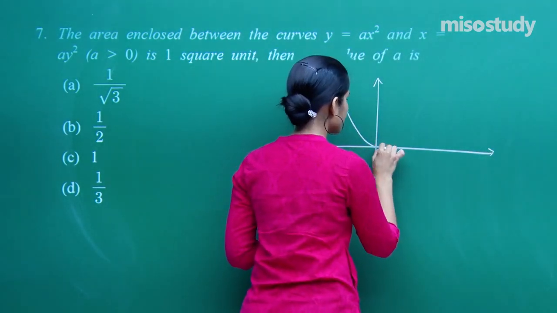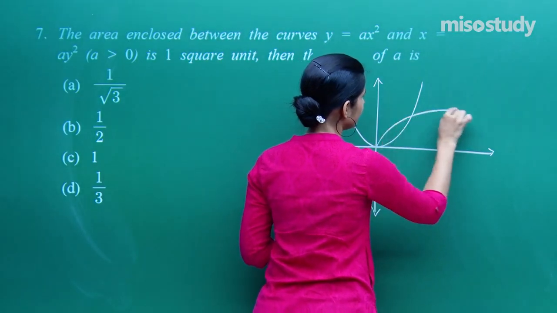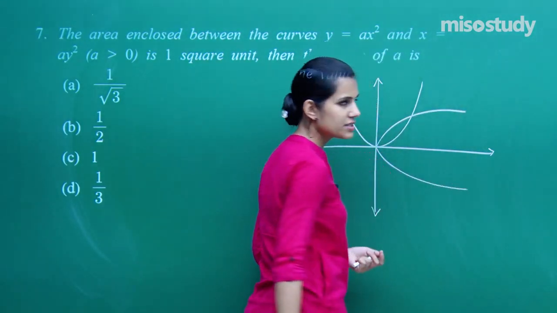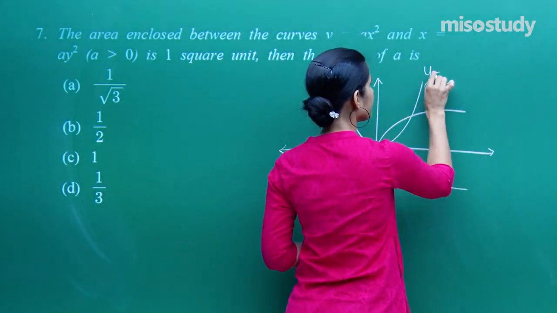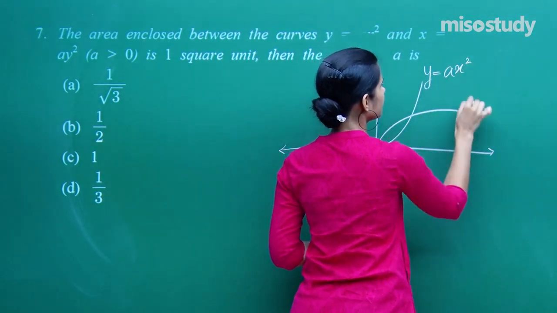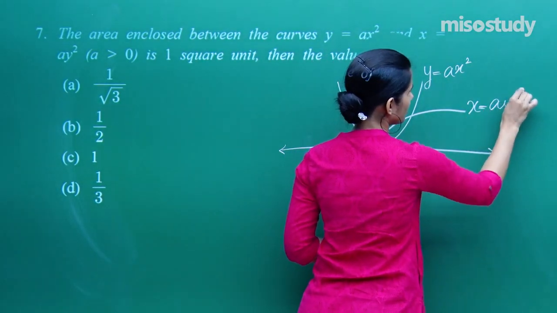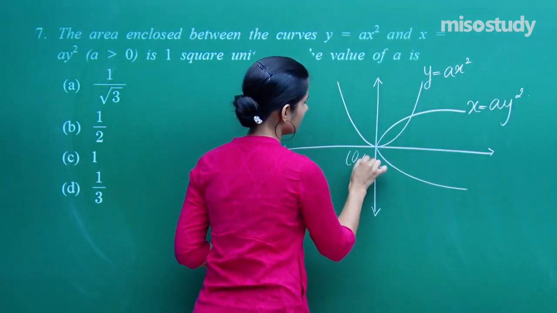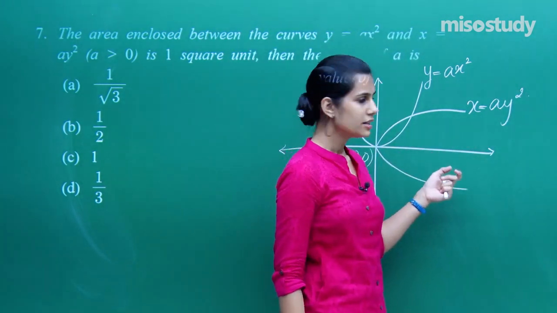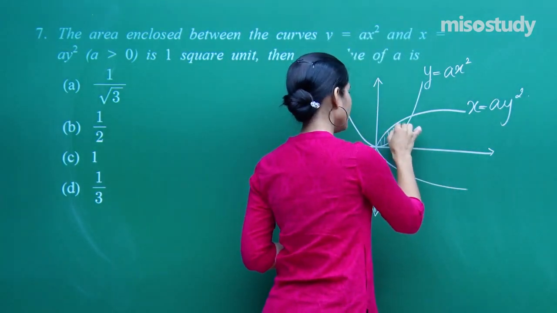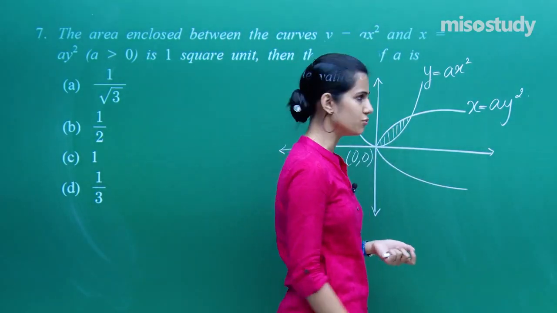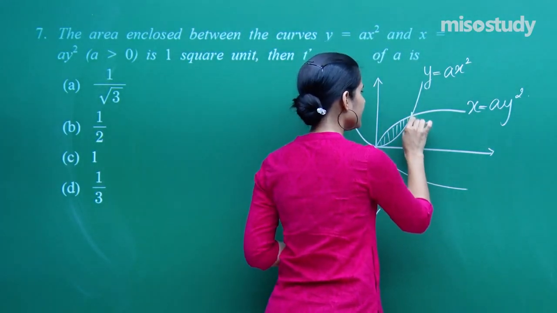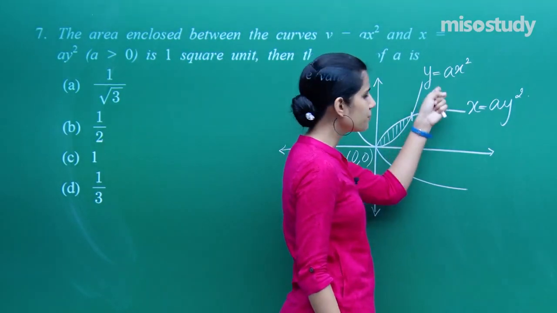This is y equals a x squared and this is x equals a y squared. Now, you need to find this, or not find this, actually this is given to you. But what is this? For that we need to interpret this point, which is the intersection point of these two curves.